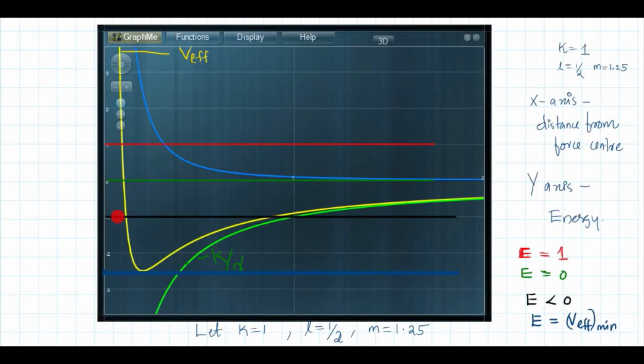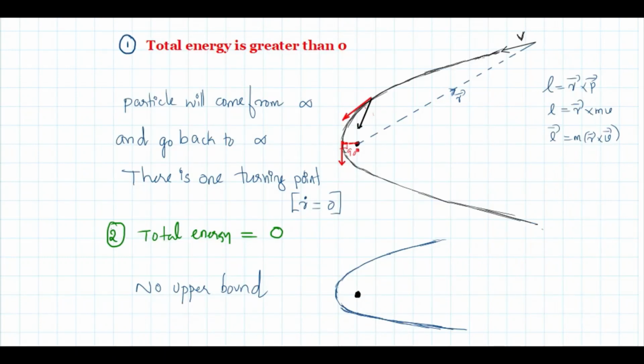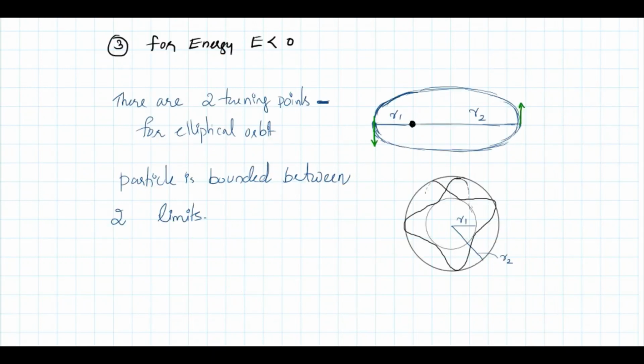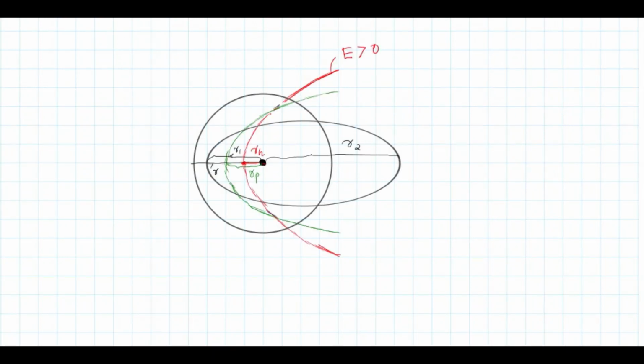In the case of E equal to 0, the distance is slightly greater than this one. This red line cuts this yellow line at this point, but this green line cuts this yellow line at a slightly higher value of R. So for a parabola, you can draw like this.